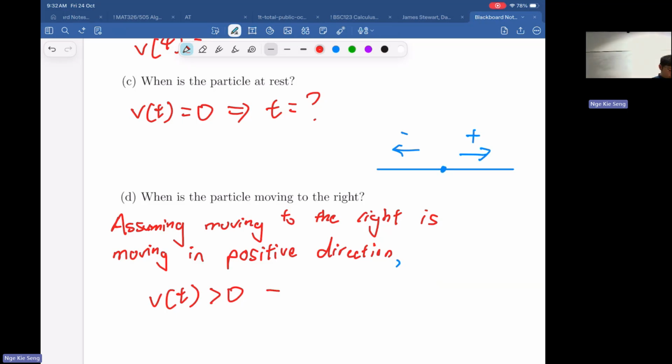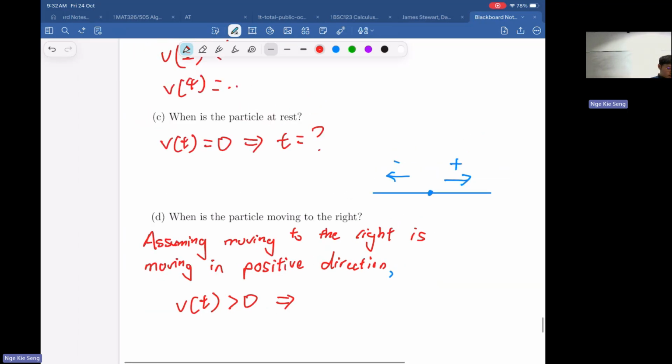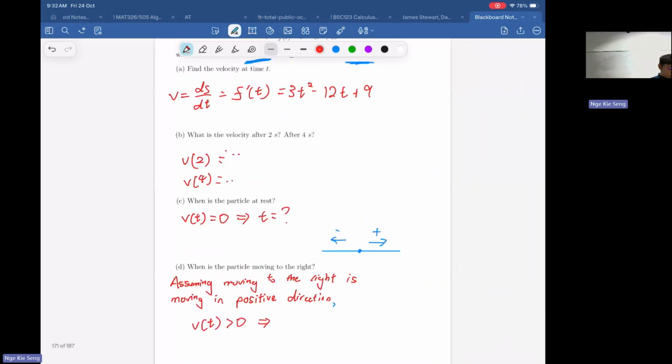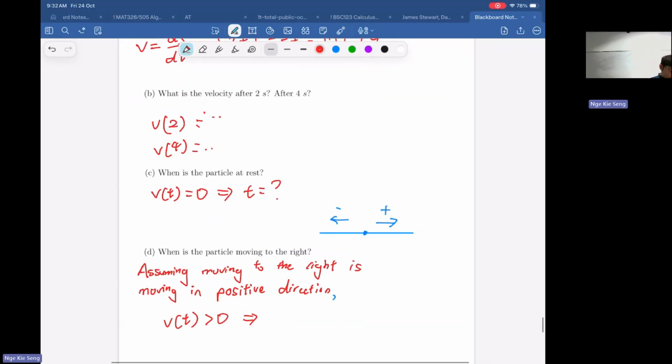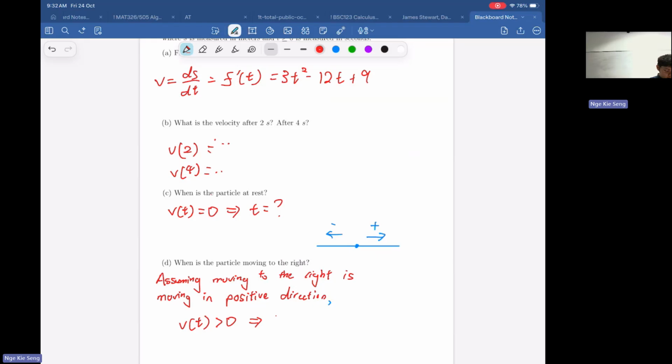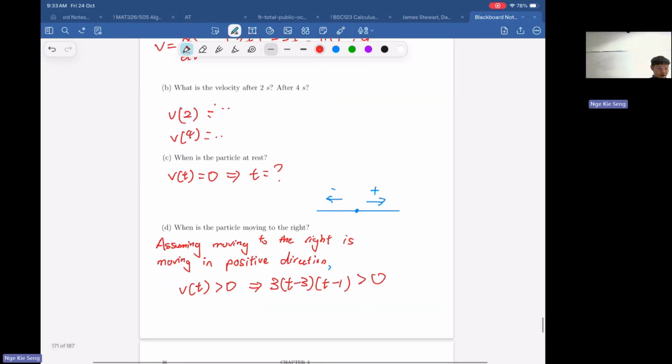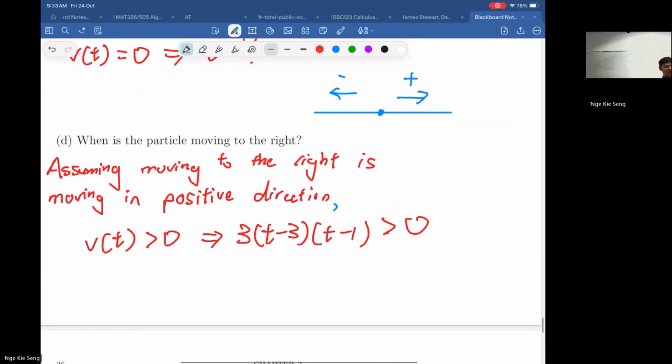Okay, so if you write the quadratic function that we have worked out here, it is just 3 times (t minus 3) times (t minus 1) greater than 0, after factorizing. So how do you pick the time? Did you learn how to choose the inequality for t here?